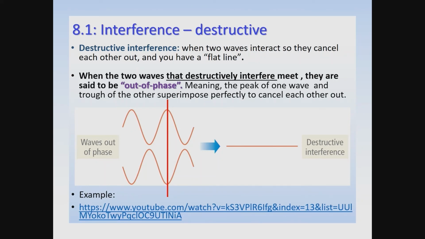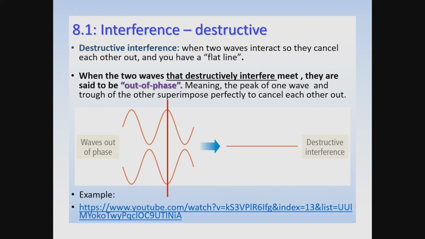So if the crest of the wave meets with the trough of another wave, you add those up like you did before, but basically you have a crest plus a trough. And so when those add up, they completely cancel out. And so you would get no wave coming out of that.